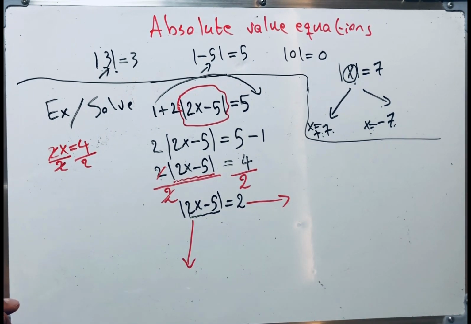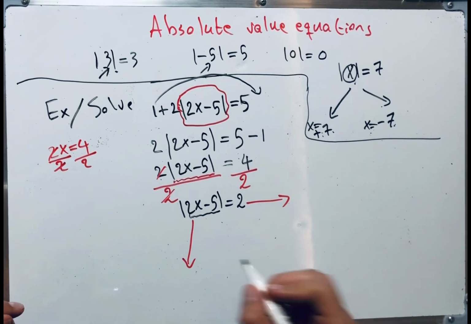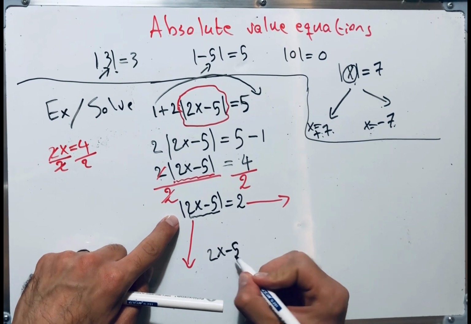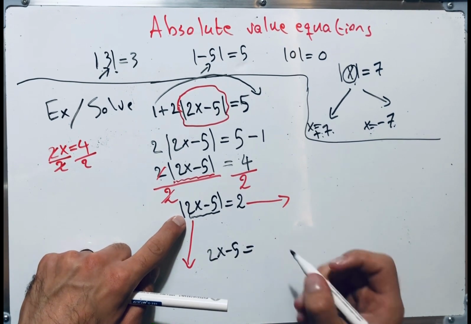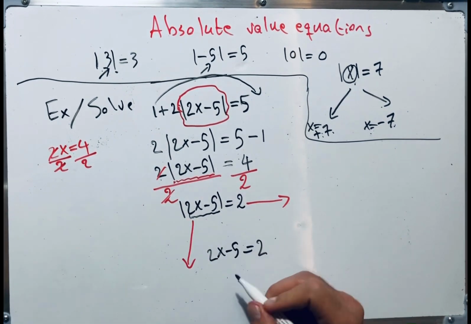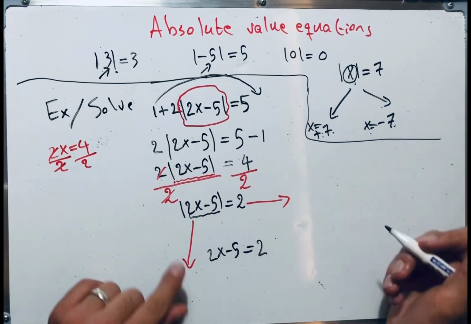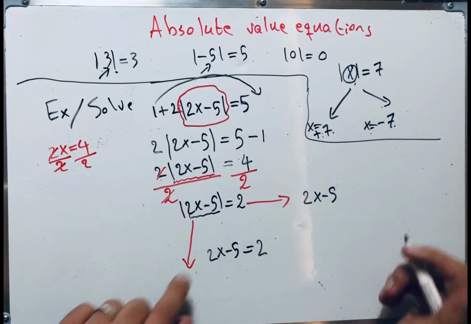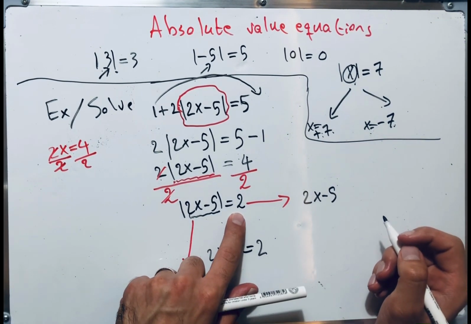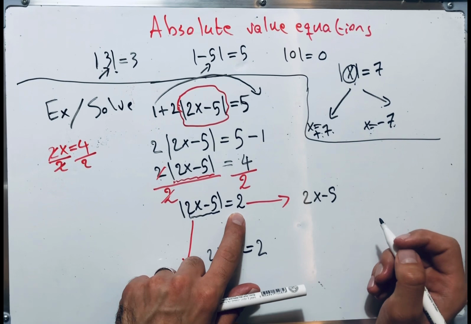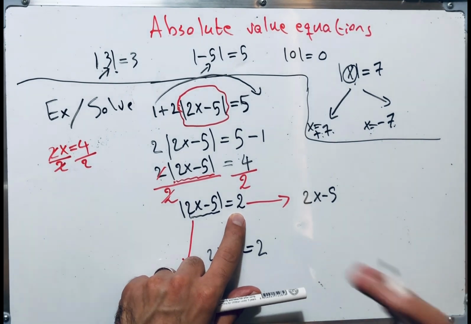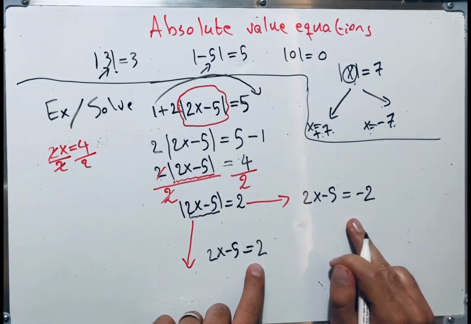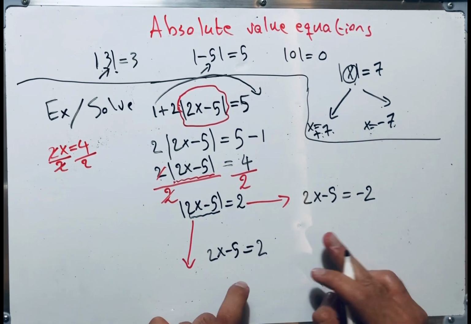Since I don't have enough room, I'm going to do it like this. You remove the absolute value sign and write whatever is inside. In the first case you don't change anything. In the second case, the left side is the same, you don't change anything, but instead of a positive 2, you change the sign of the number on the right side, so -2. Now you have a set of equations to solve.